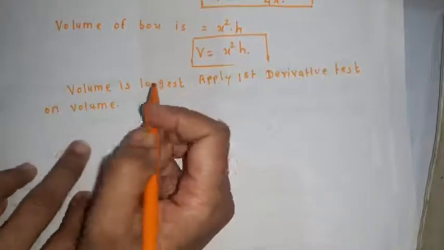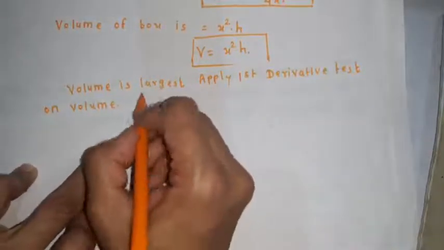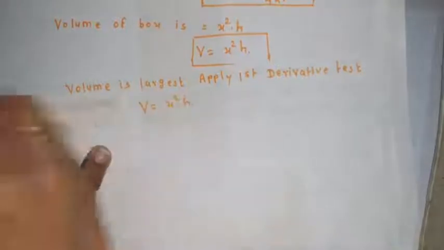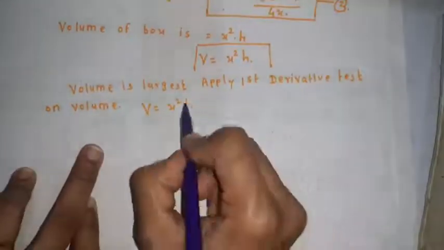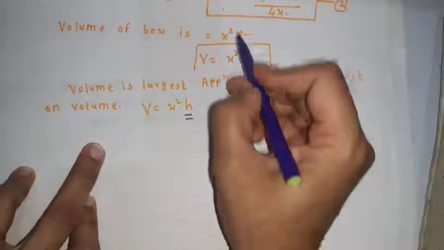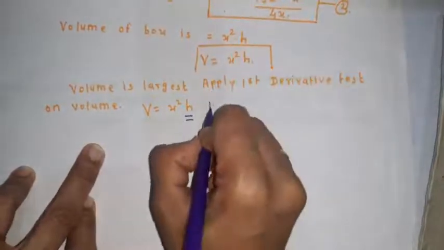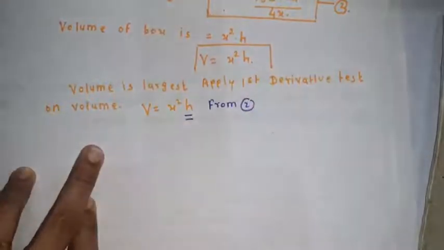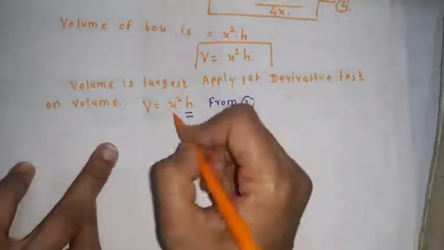Here volume equal to x square h. So put the value of h from here, from 2.